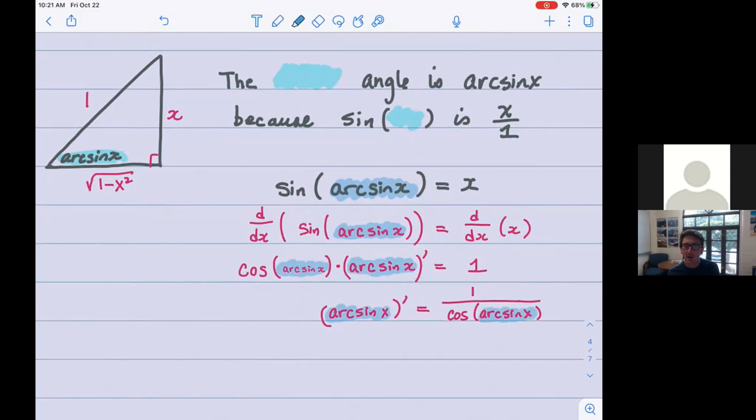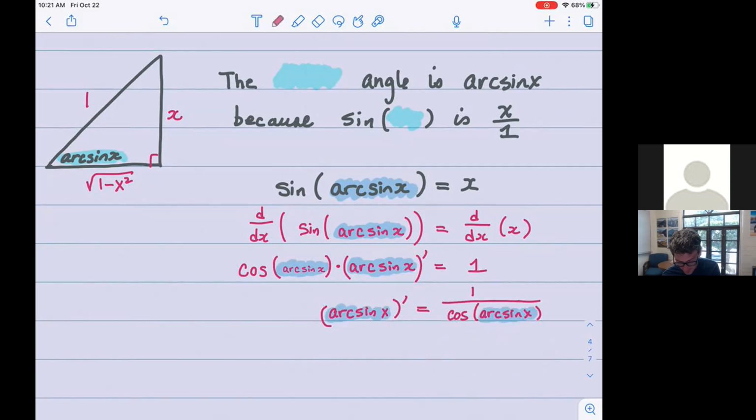And I want to focus at the very end when you have that 1 over cosine of arcsine. Well, I need to do cosine of an angle, right? This is just cosine of some angle. And to find the cosine of an angle, I can use SOHCAHTOA. And I look at my picture, I say, wait, do I have a triangle that has this blue angle labeled?